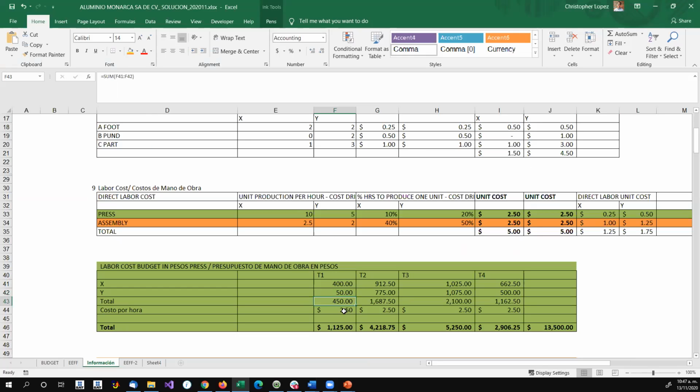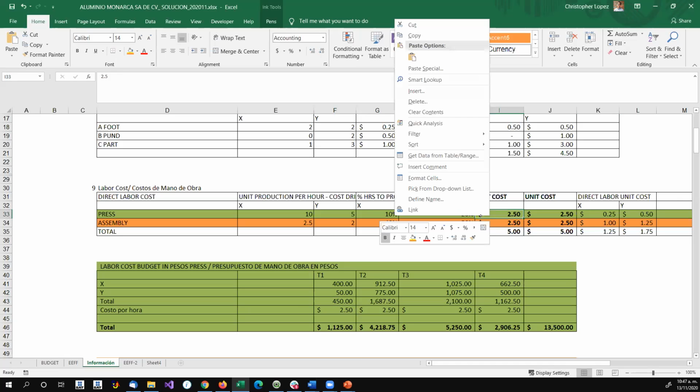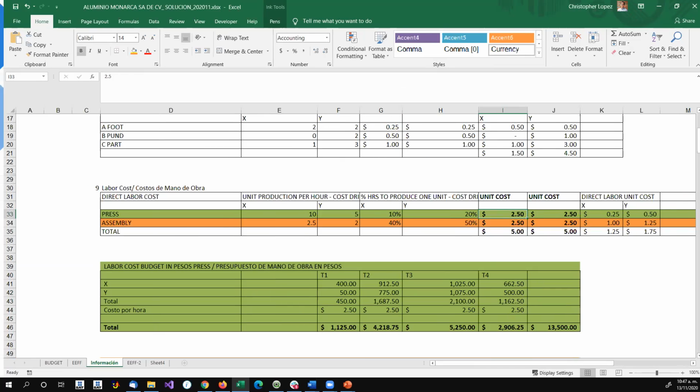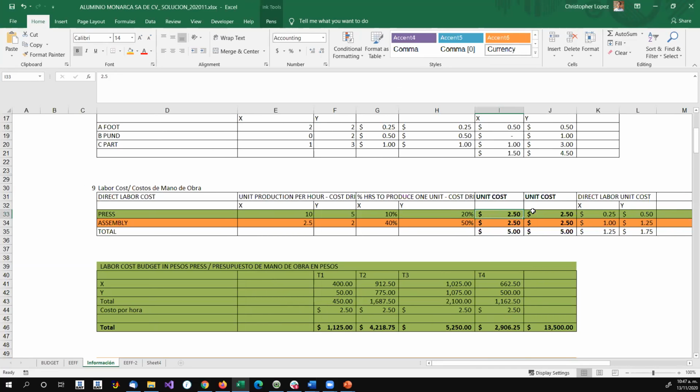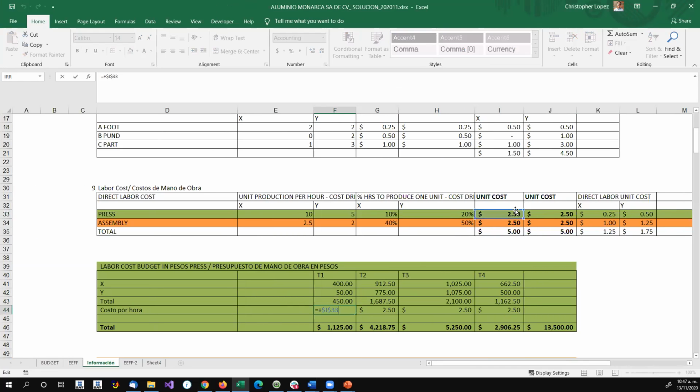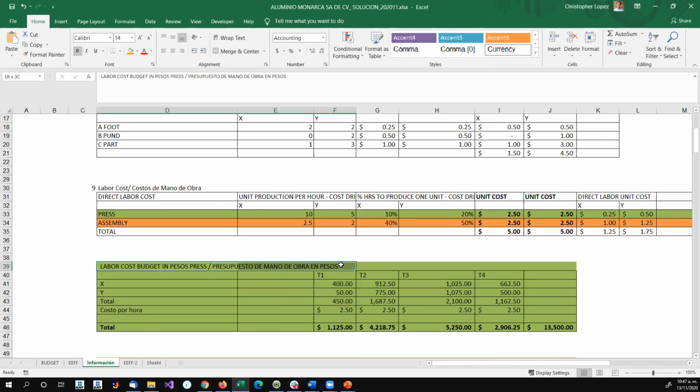Okay, so the next step is I just add them up, and finally, I multiply by the hourly rate on that activity. My hourly rate here is 2.5. I add this up, 550, and I multiply that, and I have my budget for labor cost for the assembly line.